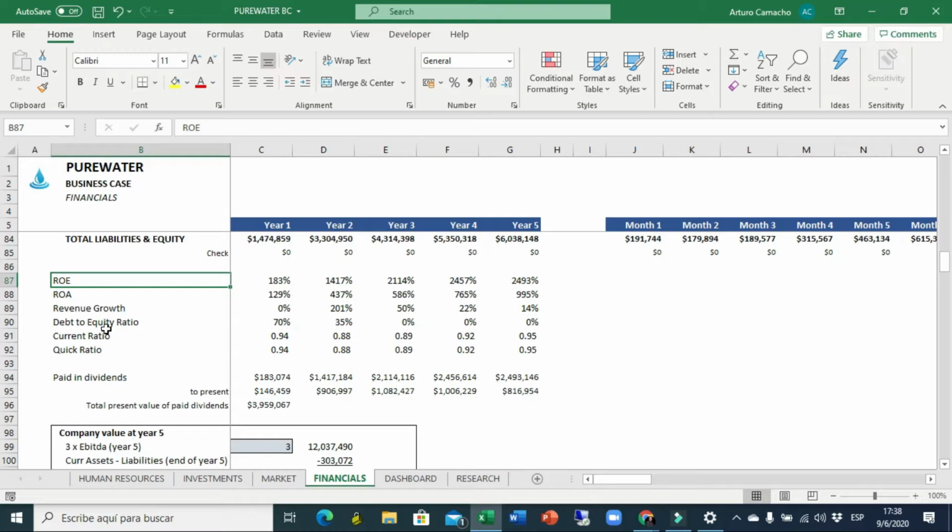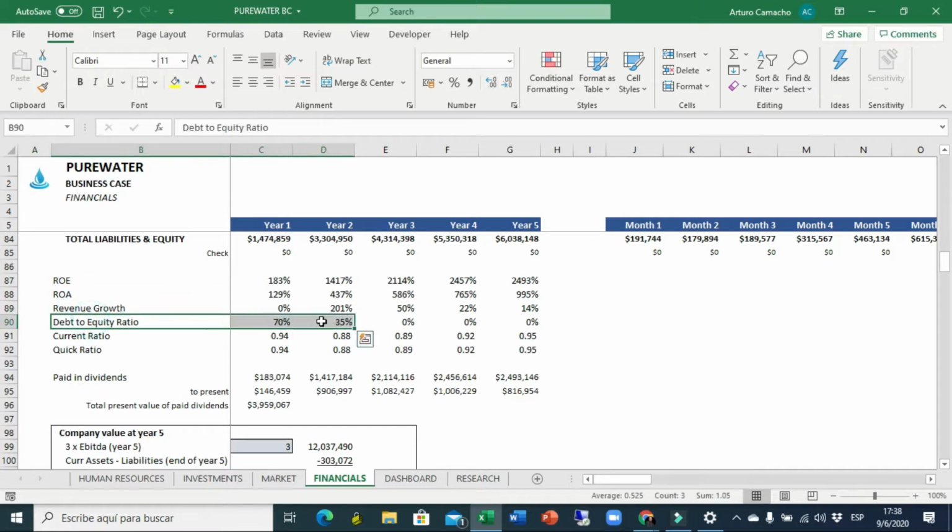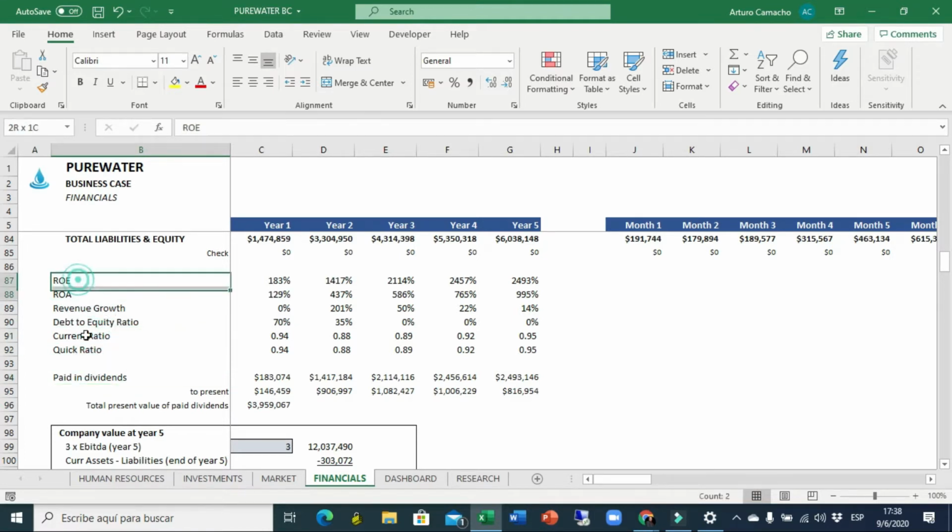What effects does it have in, for example, revenue growth, debt to equity ratio, return on equity, return on assets, the current ratio, or the quick ratio. Okay, so mainly these are things that you would require as an external result.